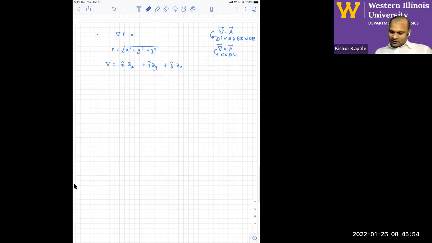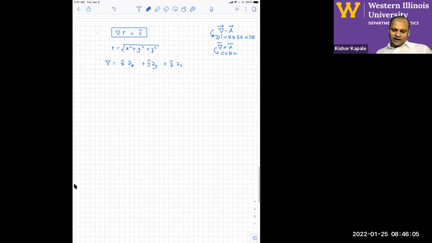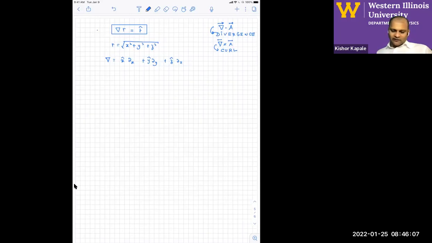I will just make my life easier. So you can evaluate it, and the answer turns out to be r hat. Okay, so this is going to be important. You almost have to remember these very simple relations. Deriving them takes a little bit of time.